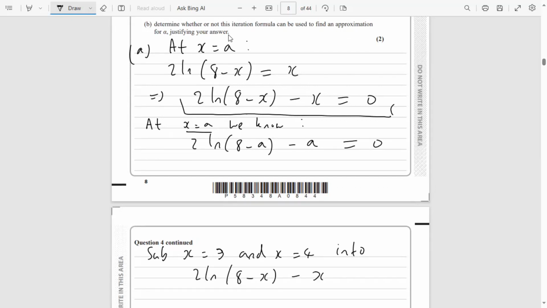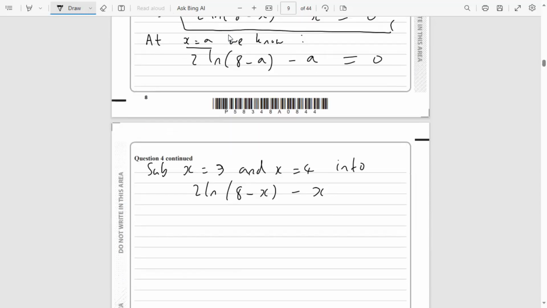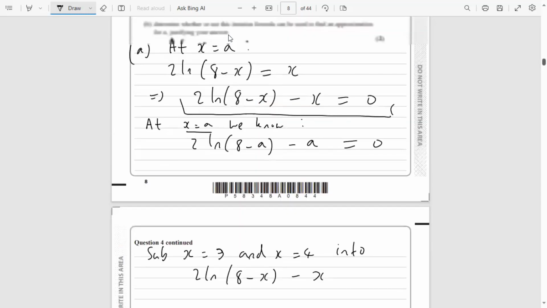Why am I going to do that? Because if a is between 3 and 4, then if we plug in x equals 3 and x equals 4 separately, we're going to get two numbers, and they must have different signs.